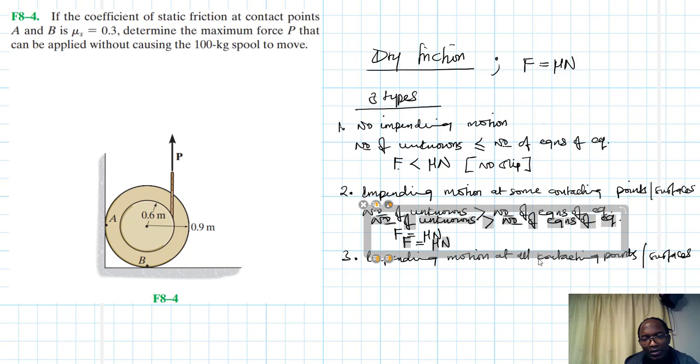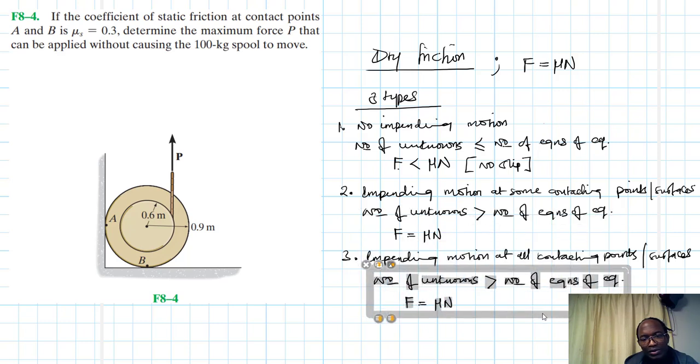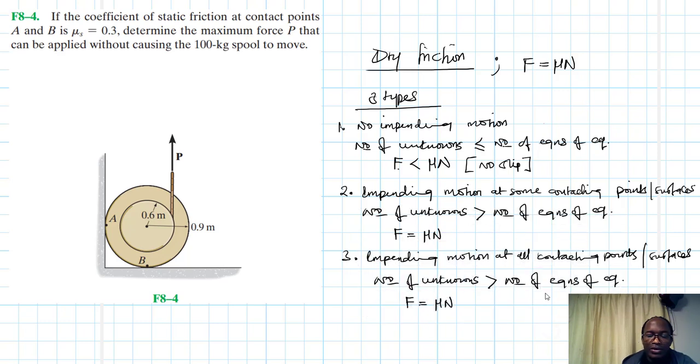Let me just copy it down here. So this condition also applies: the number of unknowns is greater than the number of equations of equilibrium. Therefore, we are forced to use an additional equation, which is the friction equation.